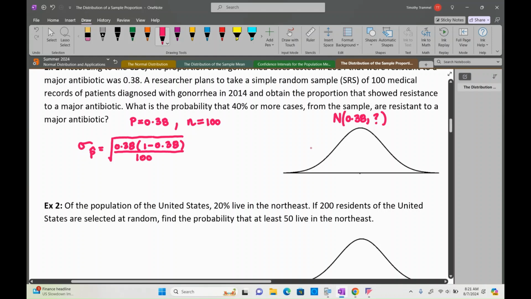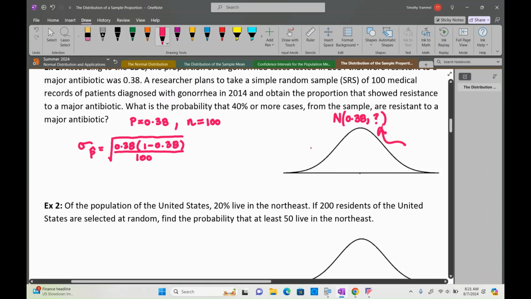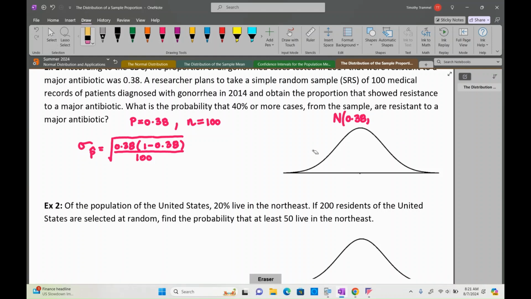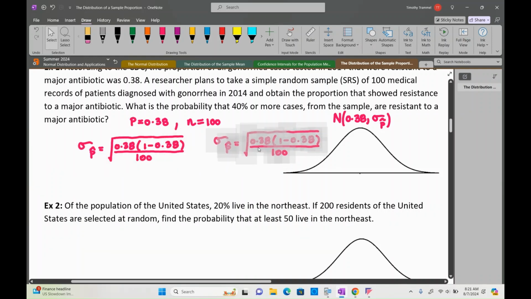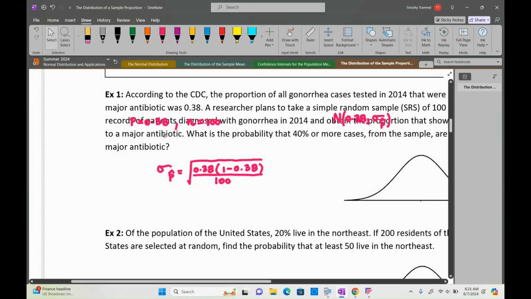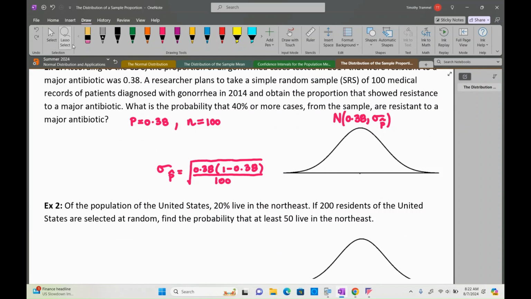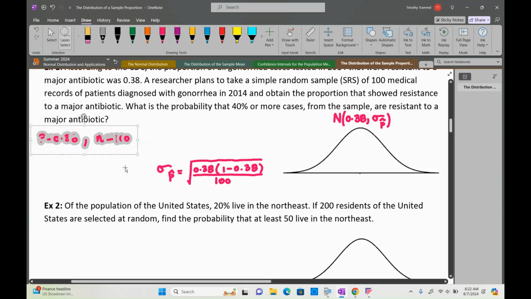And so I would like to actually write that where I have this question mark, but I think just for the fact that that's barely going to fit there, I just might write sigma sub P hat. All right, let me see if I can make myself a little bit more room here. I think I can. There we go.